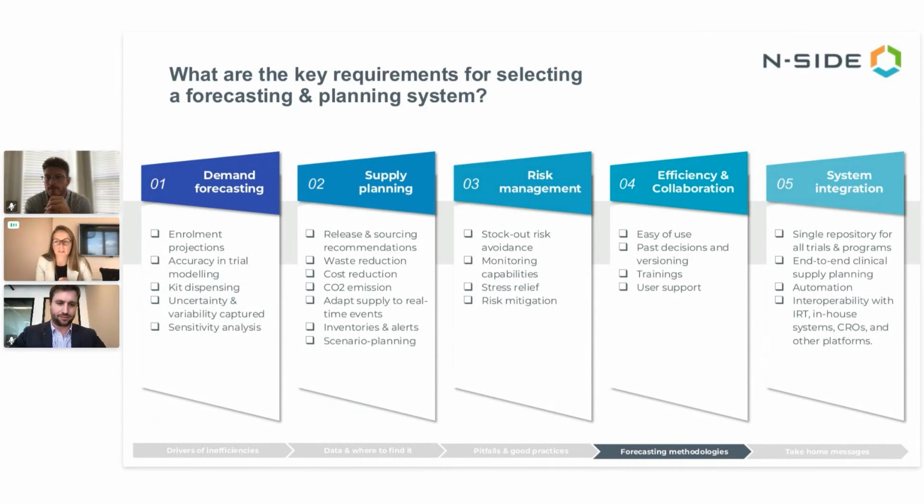It's just for your information, but this is a list of all the usual value points and criteria that we recommend to look at once you're doing an RFP for a specific forecasting and planning system. So feel free to take a screenshot, and as mentioned, the slides will be shared later on. But here you have already a comprehensive list of the value points that you might want to look at when doing an RFP for a forecasting and planning system.